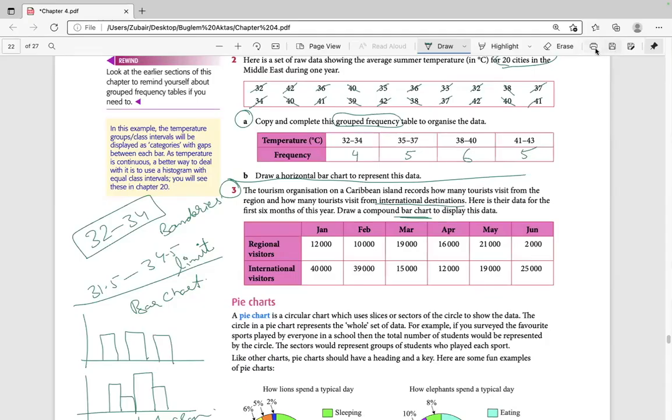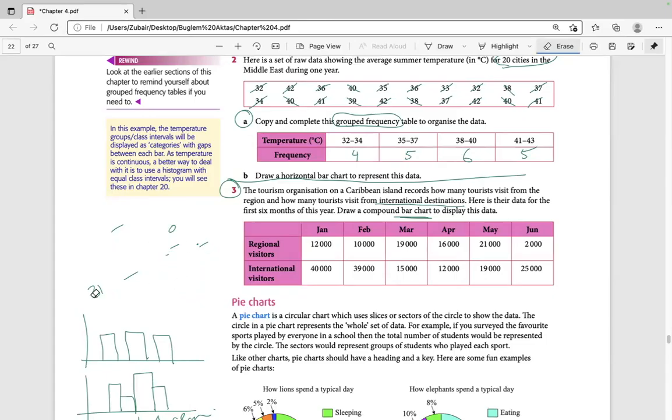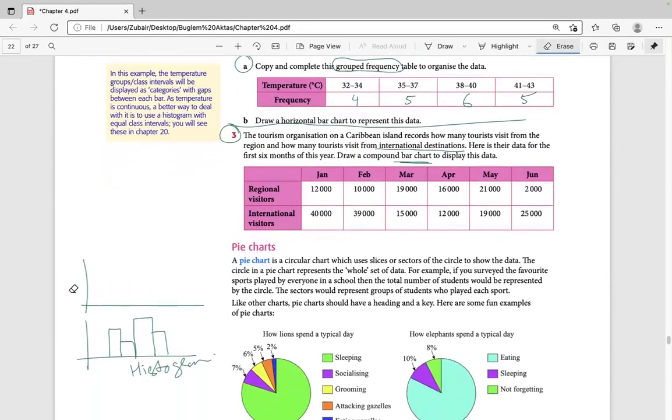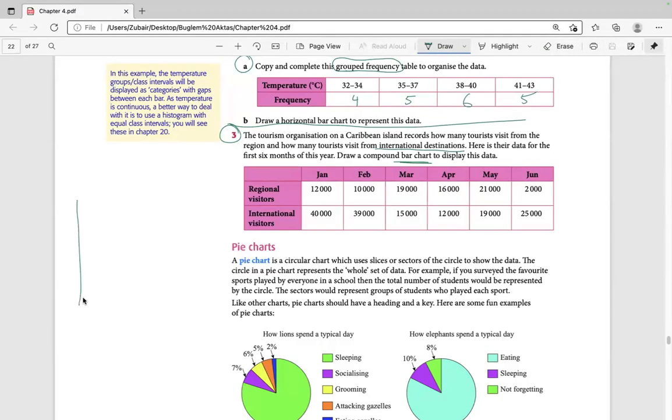Now, what would you prefer on the x-axis and what on the y-axis? Which bar chart would I prefer for this information? It is a compulsion to draw the bar chart, but where would we place our x-axis and y-axis? What should be on the x-axis? On the x-axis should be the regional visitors and the international visitors.